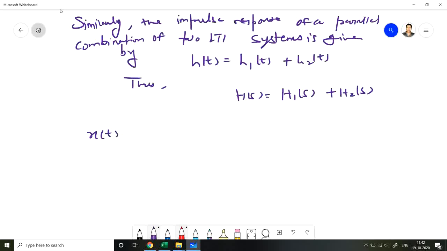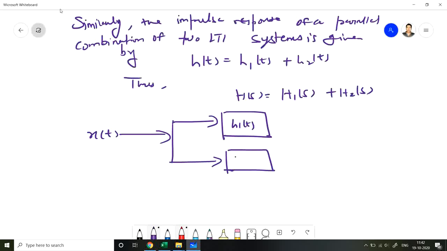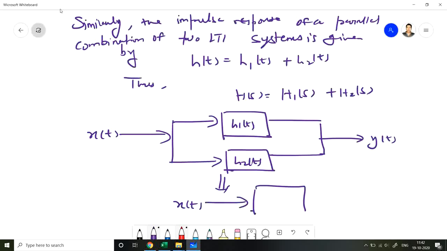So if we have input x(t), and we apply it to the first system with impulse response h1(t) and the second system with impulse response h2(t), then this is the output y(t). It is replaced with a single impulse response of the whole system, and this h(t) is nothing but h1(t) plus h2(t).